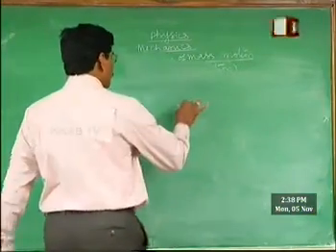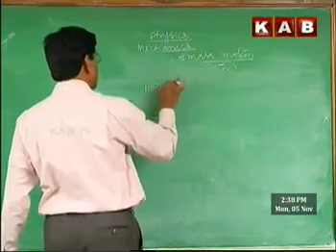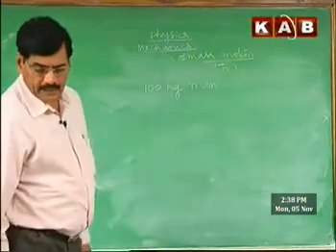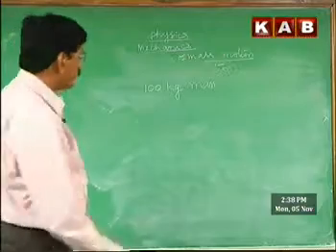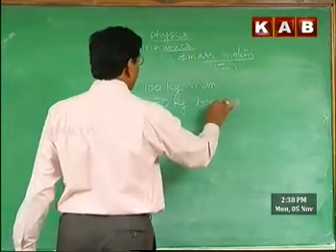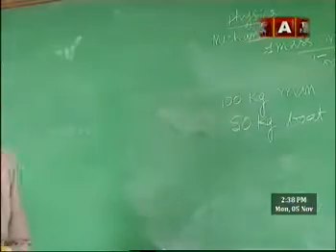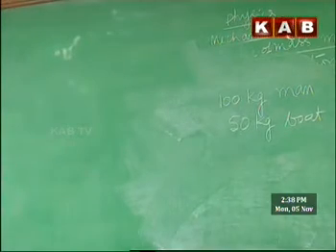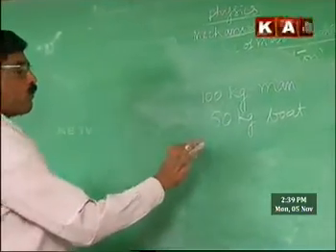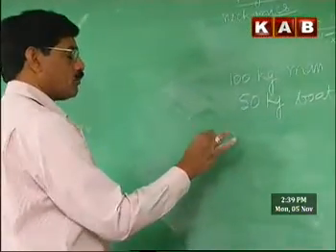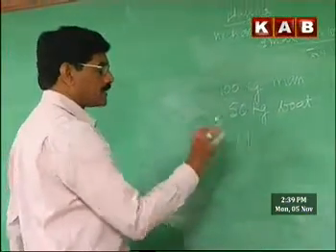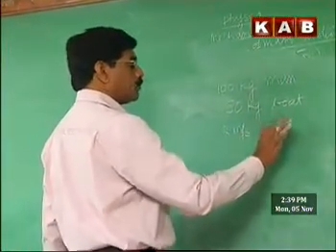A person of mass 100 kg is standing at rest on a 50 kg boat which is floating on a still water lake, and he now walks along the boat from one end to the other end with a velocity 2 meters per second relative to the boat.